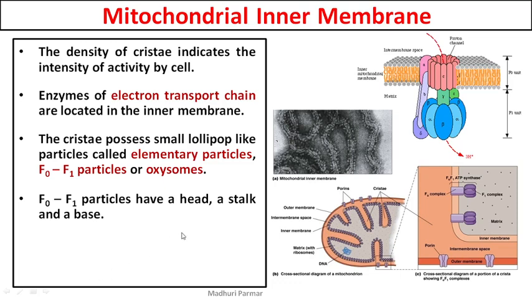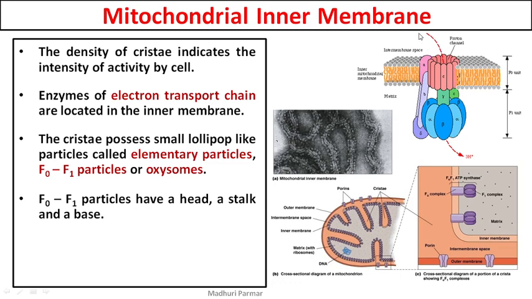The F0F1 particles have a head. So here, the blue colored one is the head. Then it has a stalk and it also has a base. How this functions is with the protons. We will be discussing this in respiration in more detail, but for now, just know that the base is actually a proton channel.